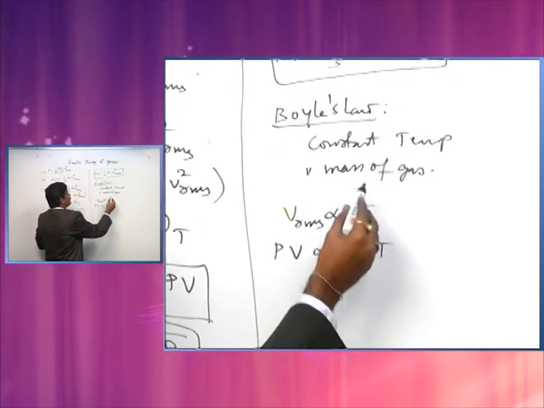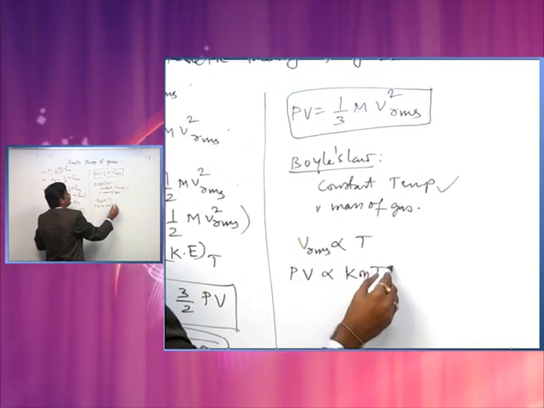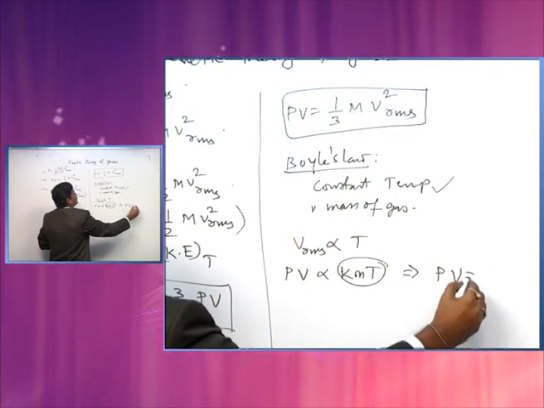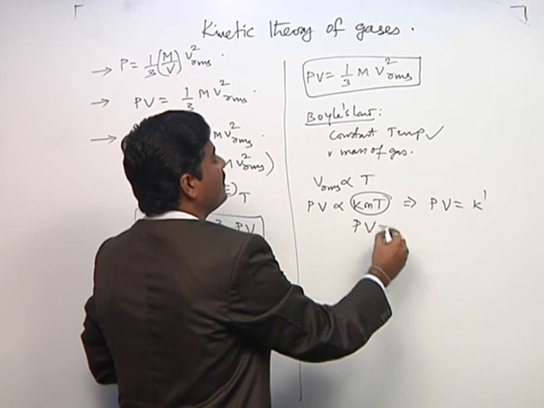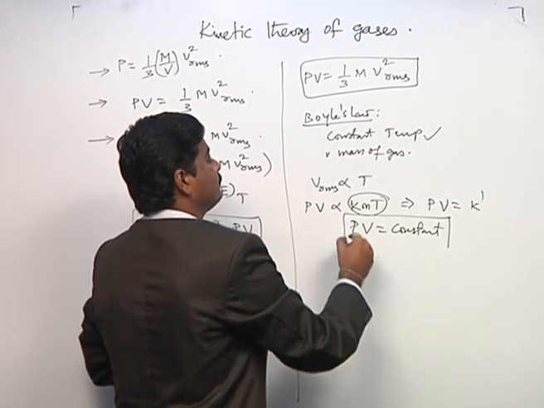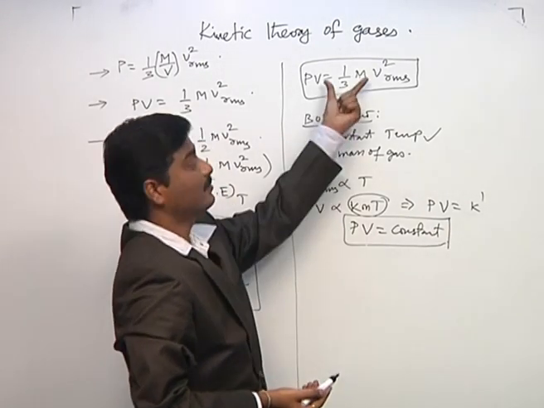As the temperature is constant, m is also constant. We can write this total as equal to another constant K prime. So finally PV is equal to constant. So now we have derived Boyle's law from this expression.